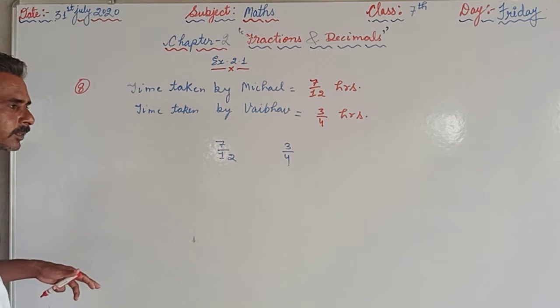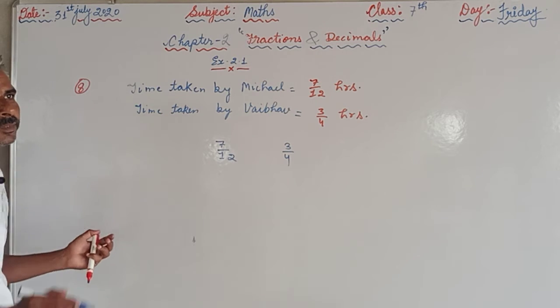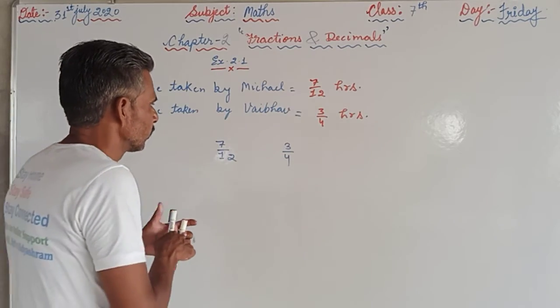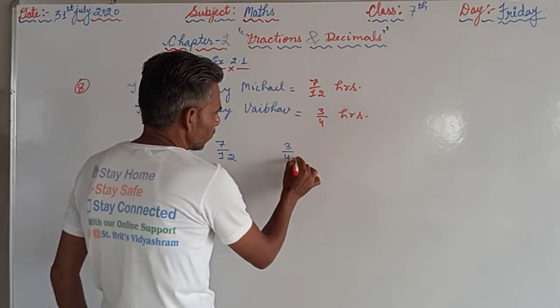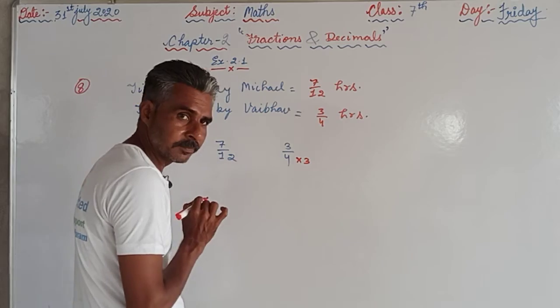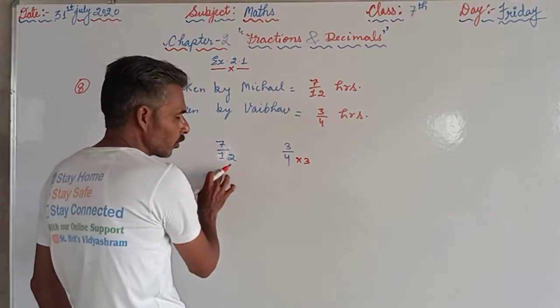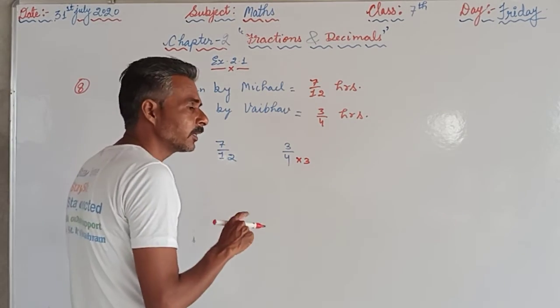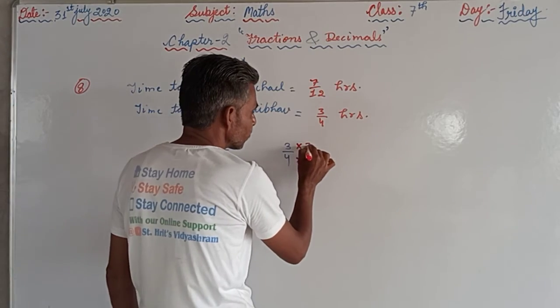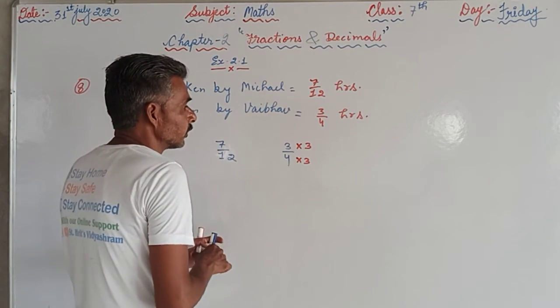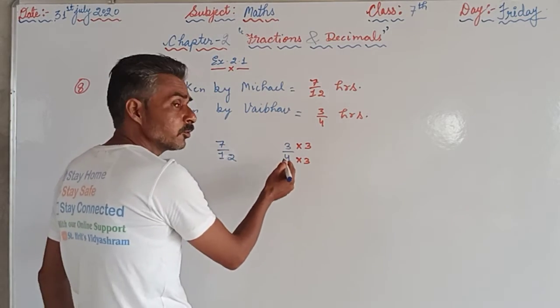So there are two methods. First of all, we can make the denominator the same. To make the denominator the same, we are supposed to multiply here by 3, because 4 threes are 12. If we are multiplying the denominator by 3, we are supposed to multiply the numerator by the same number. It becomes 3 into 3, and it becomes 4 into 3.